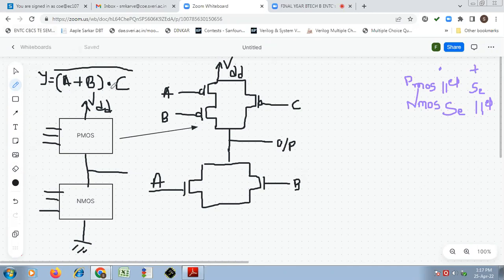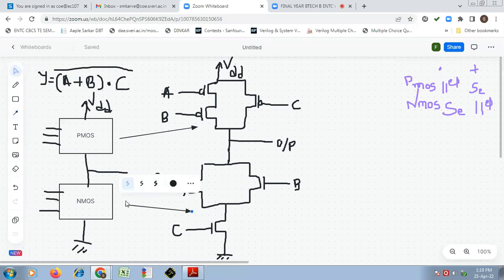And this dot we have to connect in series. So to this C will come in series. This C. And here it is ground. Okay. And this is the NMOS structure. This is the NMOS structure. Right.